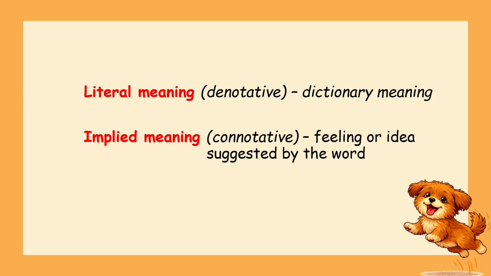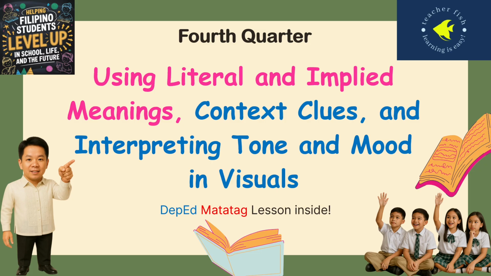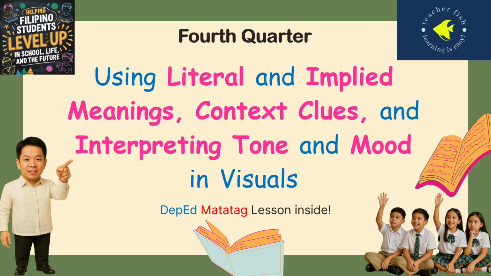We will learn three important skills: using words with literal and implied meanings, using context clues like analogy, general sense, and punctuation to understand words, and interpreting tone and mood in visuals. Just like flashbacks have signal words, stories also give us clues, feelings, and pictures to help us understand them better.